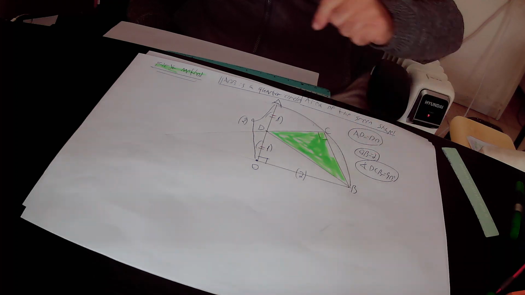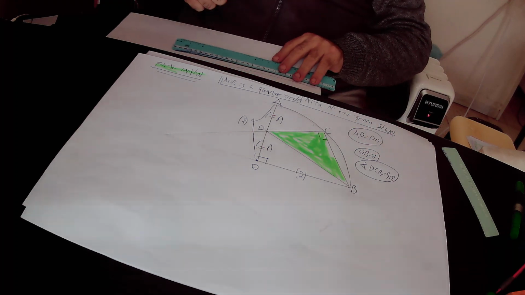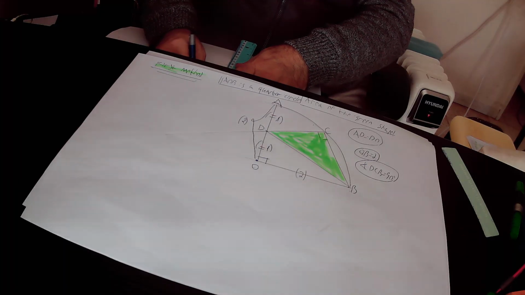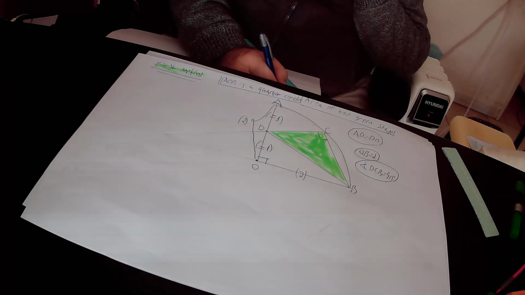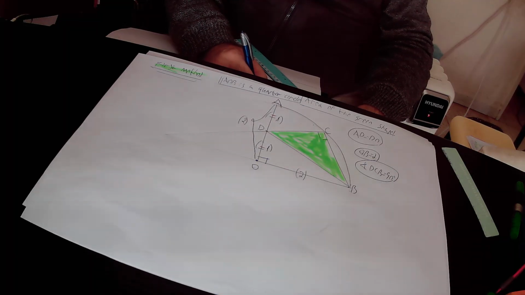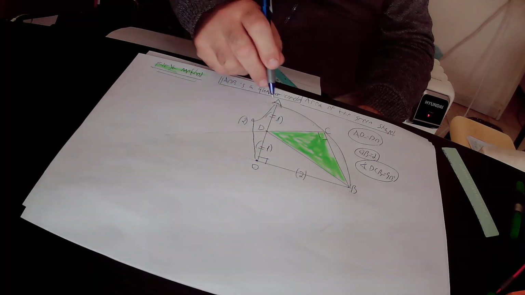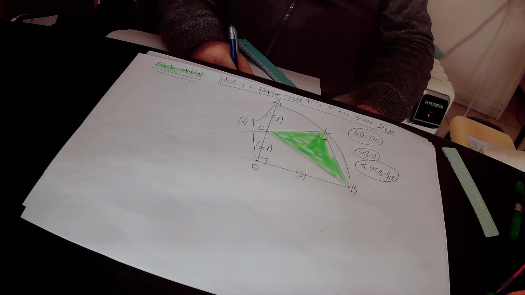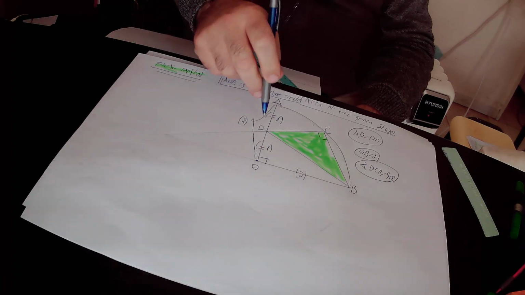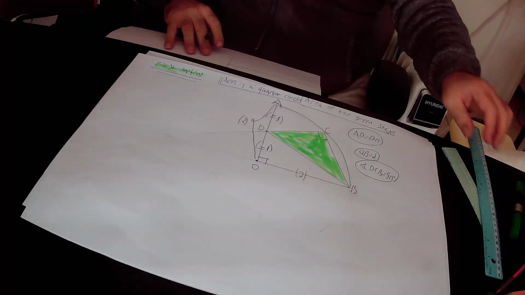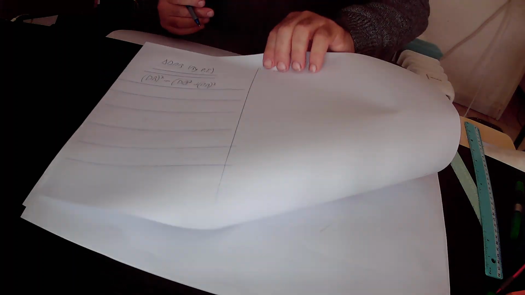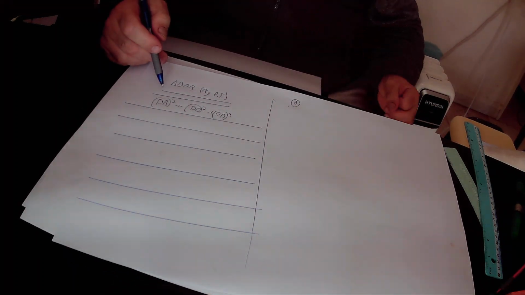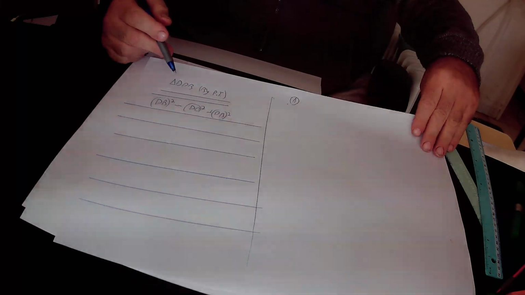In this right triangle DOB, DB squared, that is the square of the hypotenuse, equals DO squared plus OB squared. And again, in this right triangle DOB, according to the Pythagorean theorem, the following equation is true. DB squared equals DO squared plus OB squared.